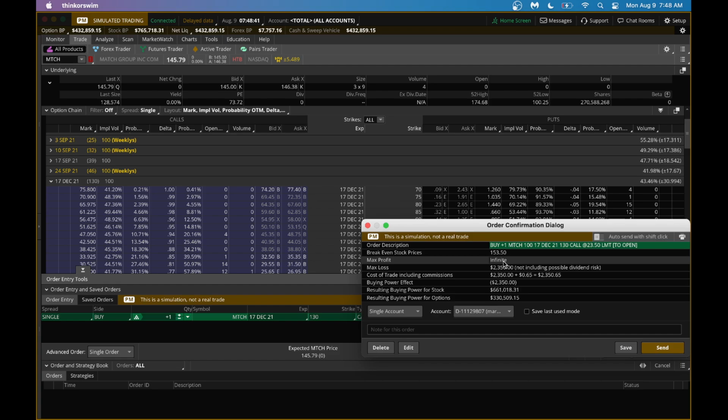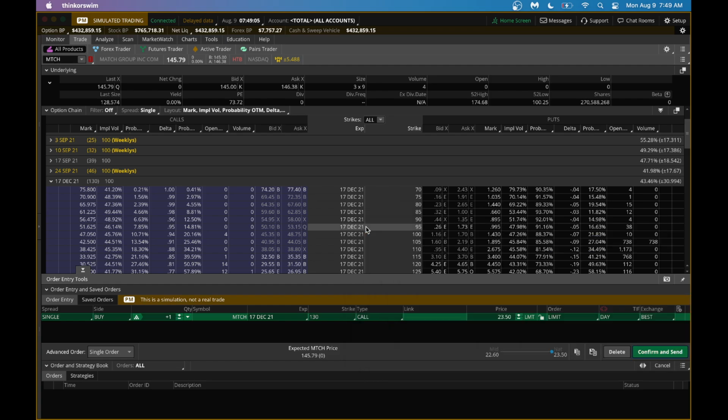If the stock is below 145 by expiration date, which is 17 December, you will lose the money that you paid, which is 2,350. So this is also a good one. Typically stocks like Match.com typically bounce back after this big drop. It happened a couple of times in the past also. So that's also a good play.